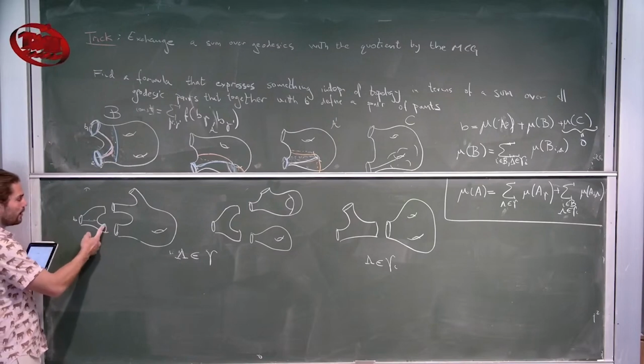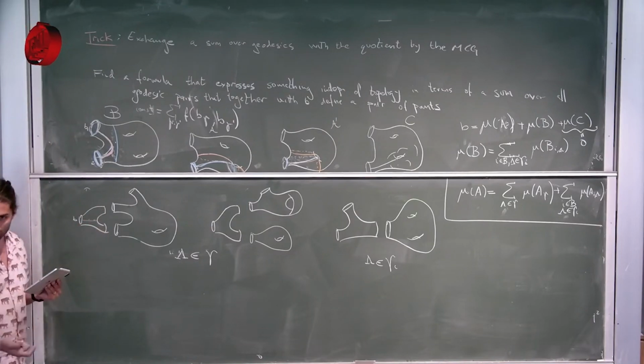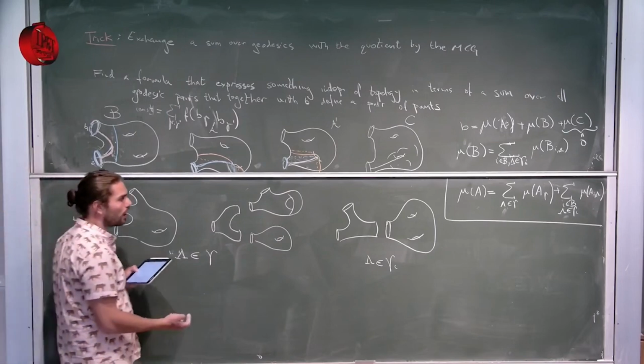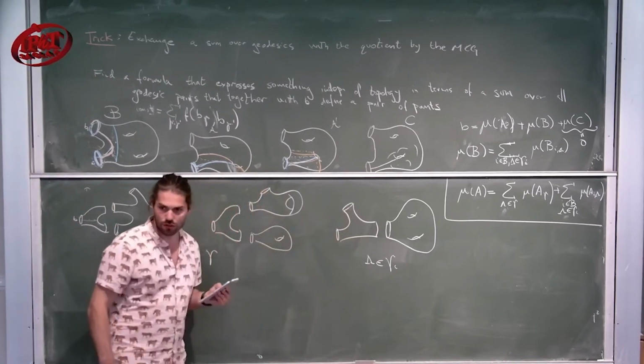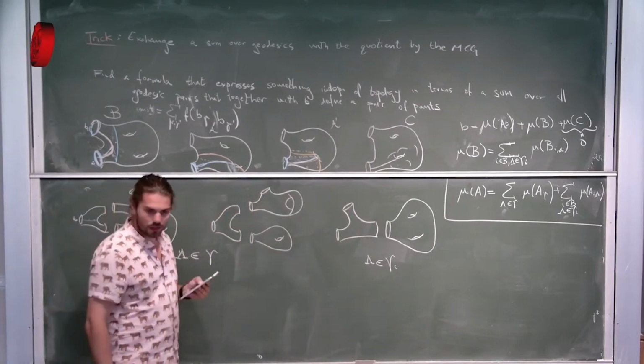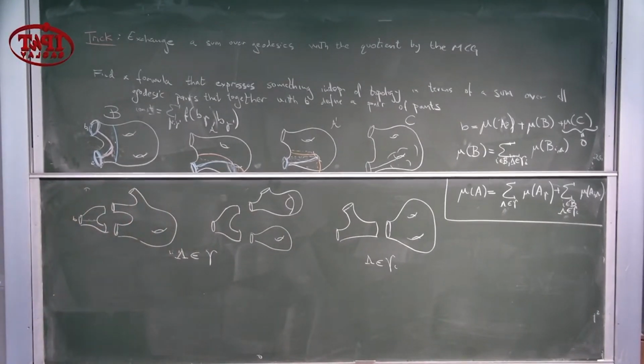And they either consist of two other geodesic boundaries that are internal, or a geodesic boundary that's internal and one that's external. And so that geodesic attaches somewhere on B.